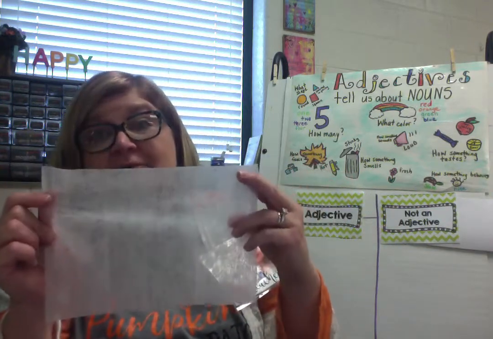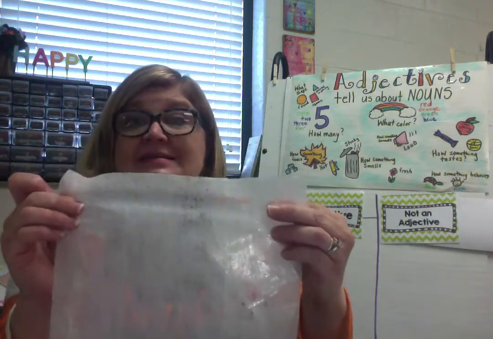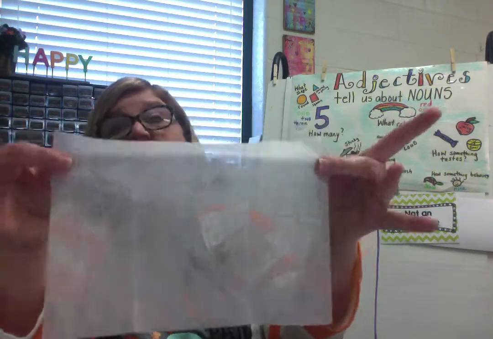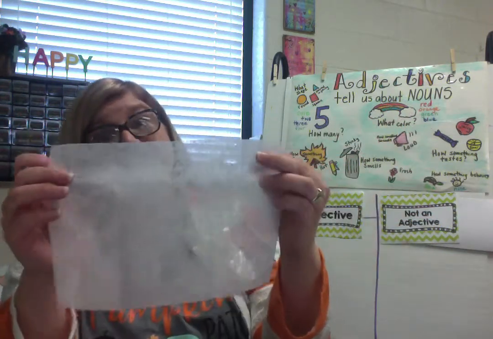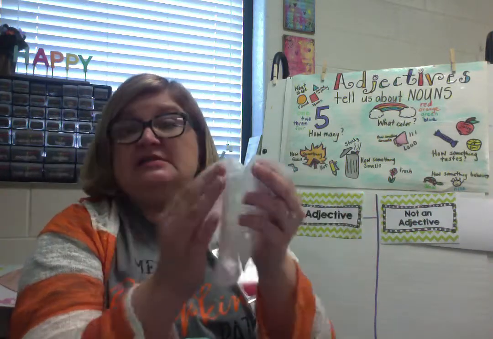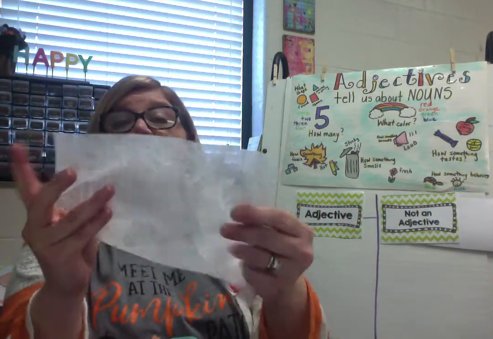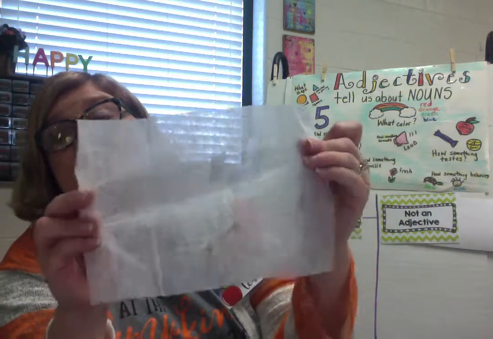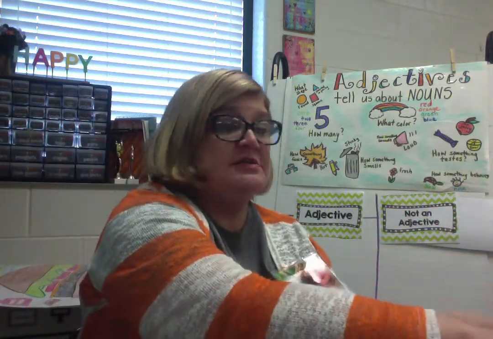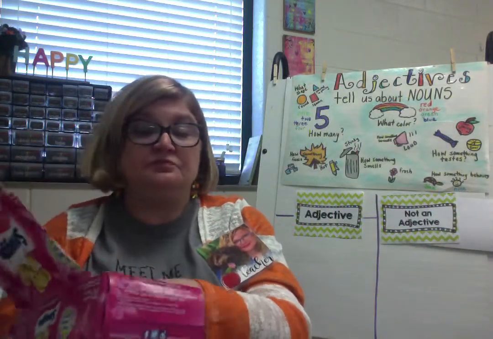It's fragrant, it's white, it's shaped like a rectangle, it's see-through, it's soft. All of those words are adjectives because they describe this dryer sheet. So I'm going to put this dryer sheet away.